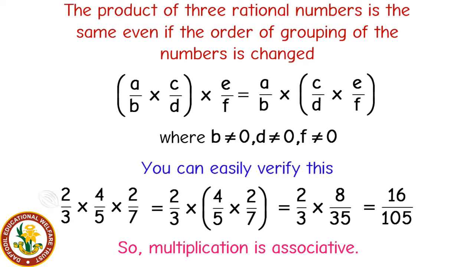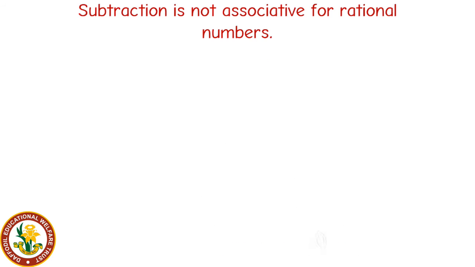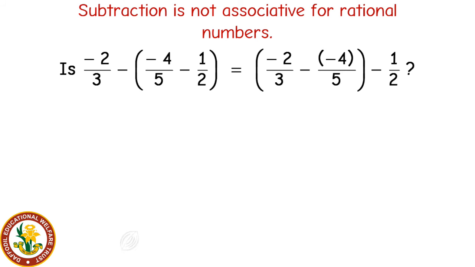So, multiplication is associative. Subtraction is not associative for rational numbers. Let's check. Is (-2/3 - 4/5) - 1/2 equal to -2/3 - (4/5 - 1/2)?